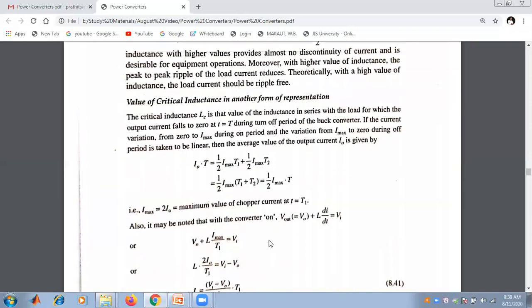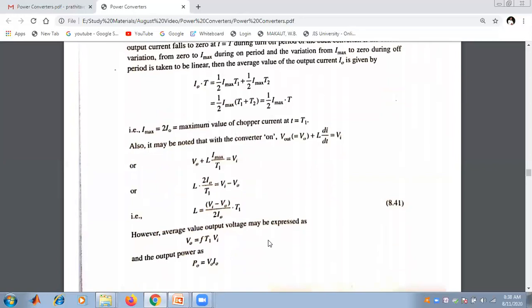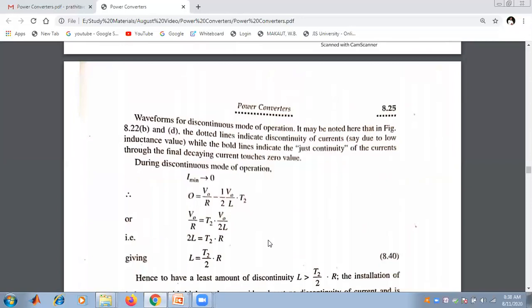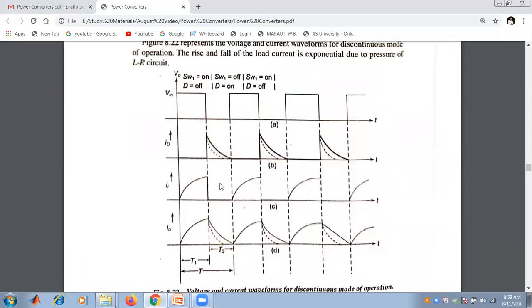The basic conception of the discontinuous mode of operation is that when the switch is off, if the inductance value is lower, the current decaying in the inductor will reach the value 0. And again it starts from 0 and goes to its maximum value. The output current goes from its maximum value to 0, and again from 0 to its maximum value.